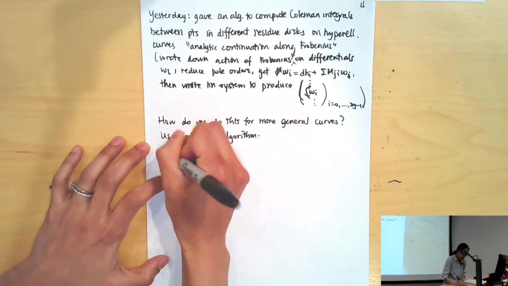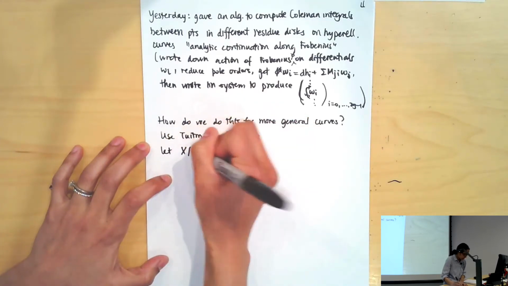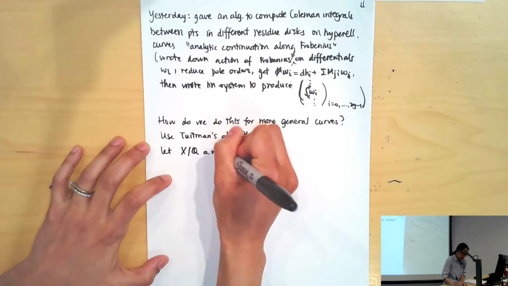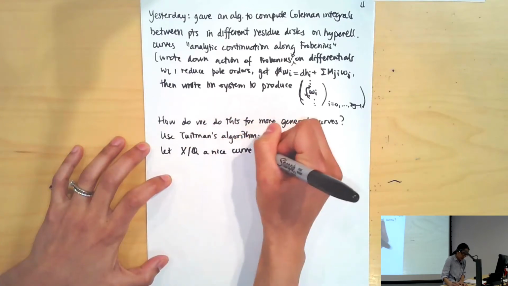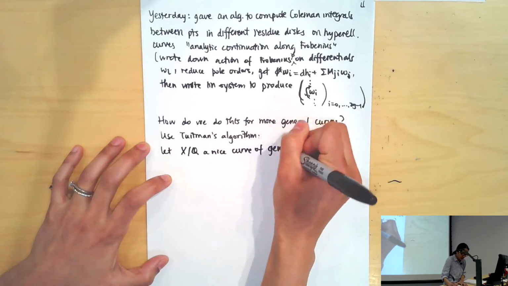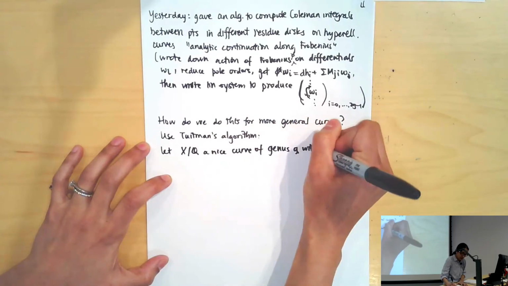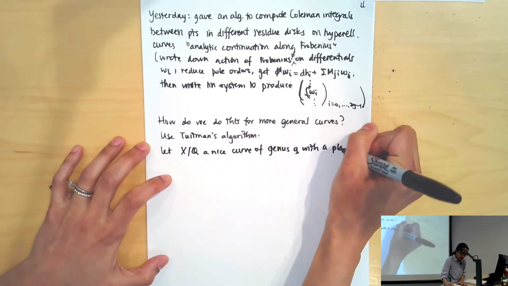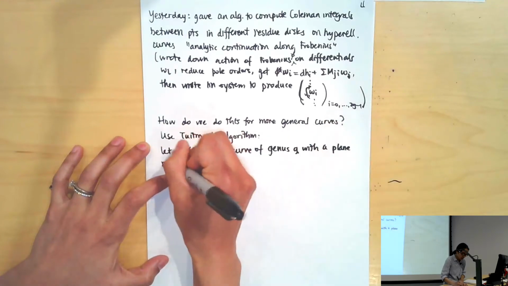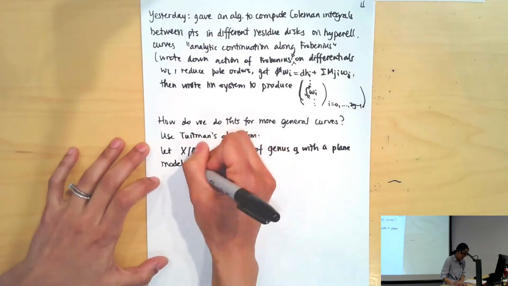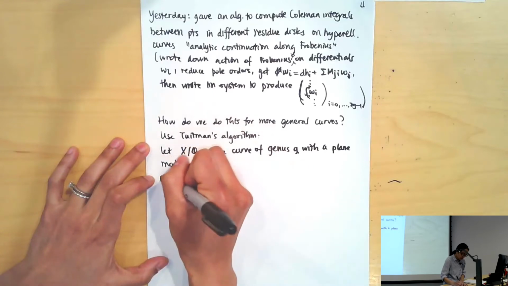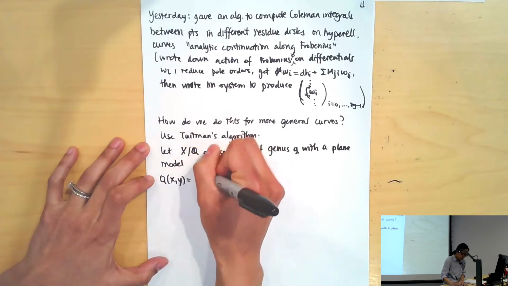So here we'll suppose we have X over Q, a nice curve of genus g with a plane model of the following form. So we want it to be monic in y.